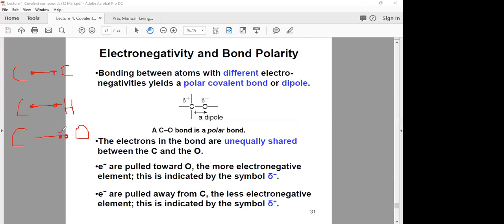Now remember, each electron that we can see here has a negative charge. So if you have an additional negative charge in the vicinity of this oxygen, this confers a very slight partial negative charge to the oxygen because of the close vicinity of that additional electron.